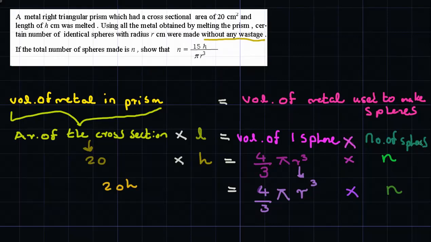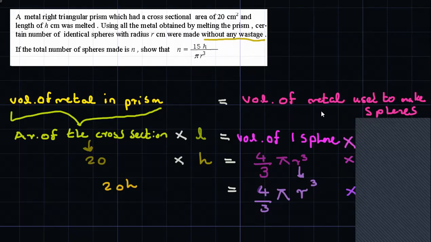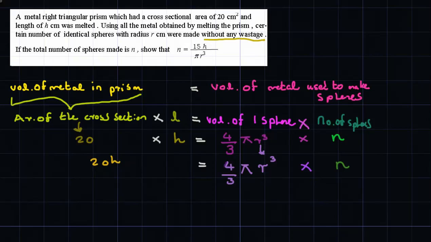All right. And now what are we supposed to prove? We are supposed to show that n is equal to something, which means we have to isolate n. We have to make n the subject. So let's put everything else to the other side. We already have 20h on the left. So let's start with bringing the division 3.